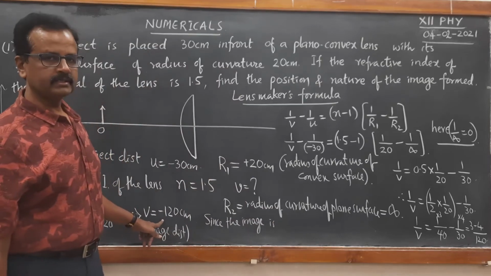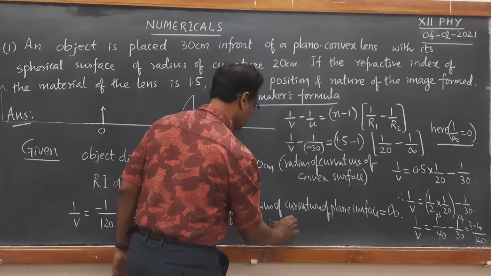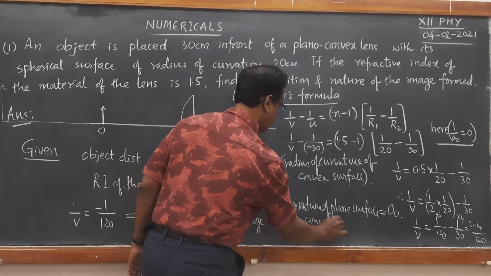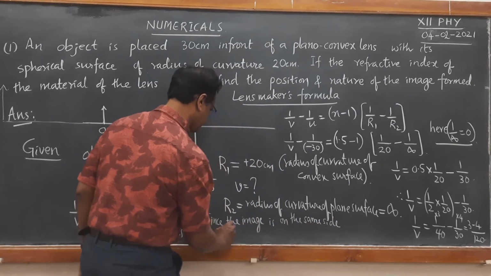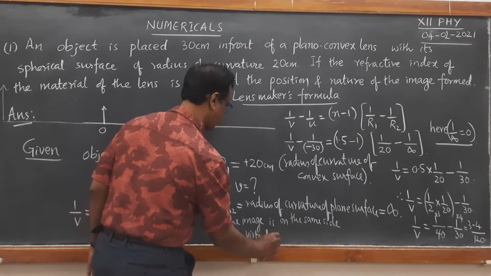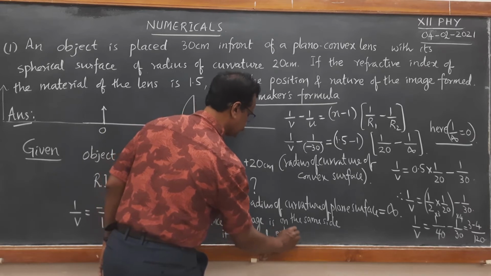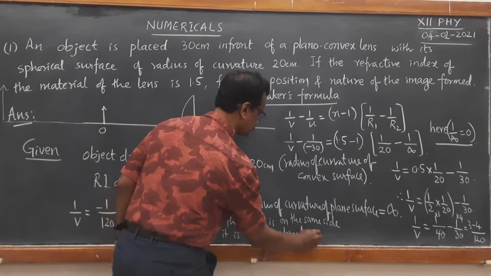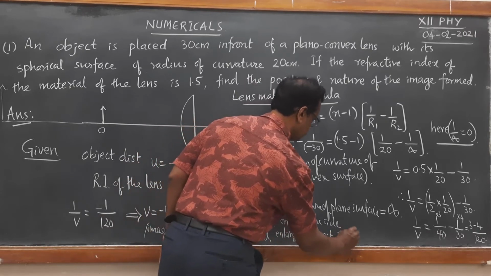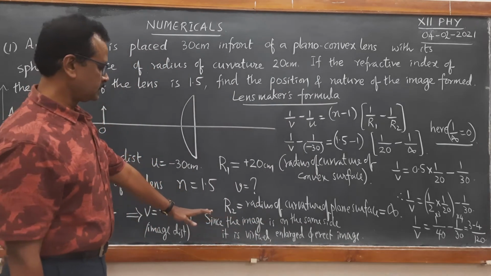Minus 120 implies that the image is formed on the same side, it is virtual, and it's going to be an enlarged erect image. So if you just write virtual image, that is enough. It's going to be enlarged.